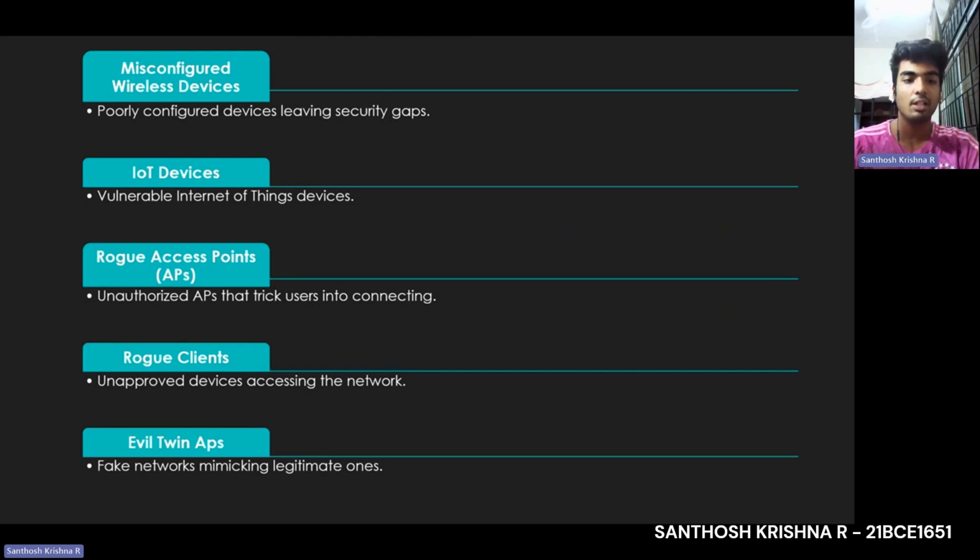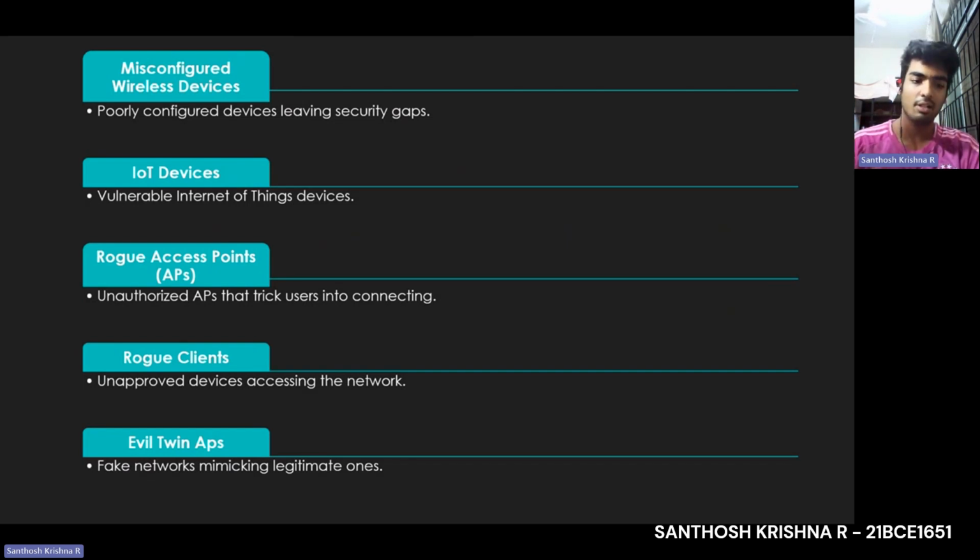Then we have vulnerable IoT devices, which can again be exploited by hackers. And then we have the rogue access point, which are unauthorized APs set up to mimic legitimate ones and trick users into connecting.